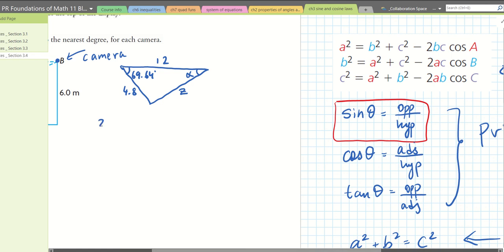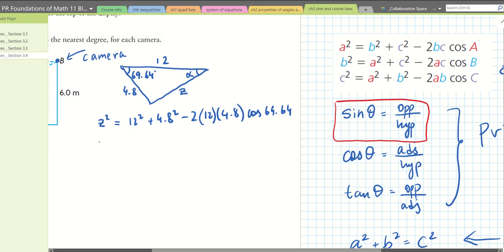So let's say z squared is going to equal 12 squared plus 4.8 squared minus 2 times 12 times 4.8 times the cos of the angle corresponding to z, which is 69.64. Okay, so z itself is going to be the square root of all of this.